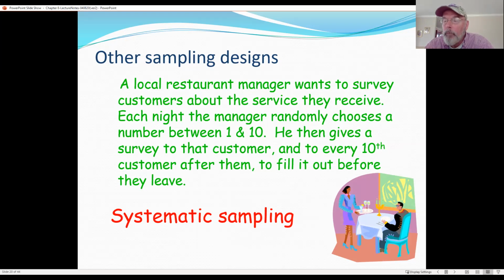Once you have done a random event like that, going 1 to 10, where all those numbers are equally likely, and it was randomly selected, then it would be the way you get randomness in the systematic sampling design. Does that make sense?